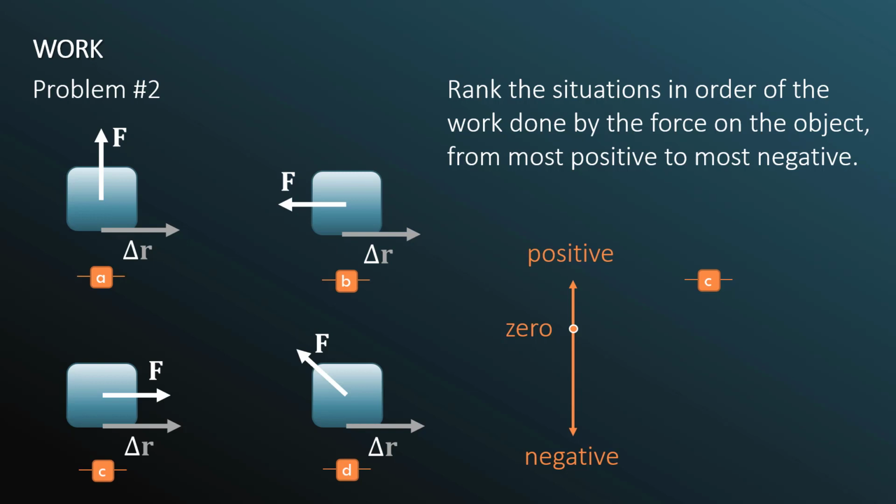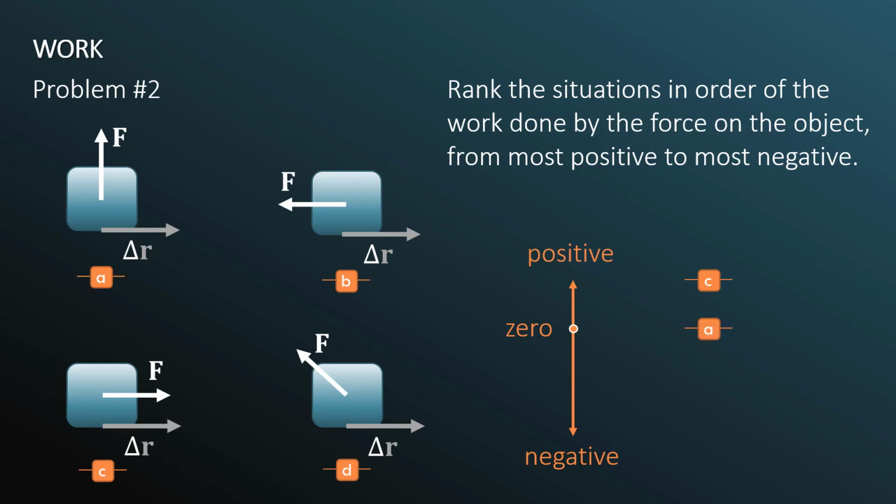What's the next most? Well, we see that of the remaining options A, B, and D, there aren't any others that have any component of the force in the direction of the displacement. B and D both have a component of their force anti-parallel, so they will yield a negative work. That means A, since it will yield 0, is a greater value than what B and D would produce, because B and D will produce negative values of work.